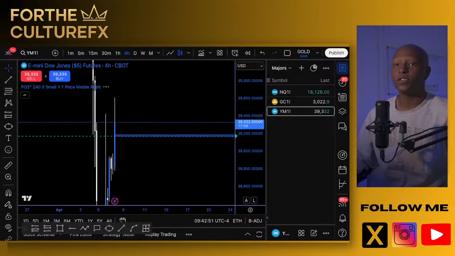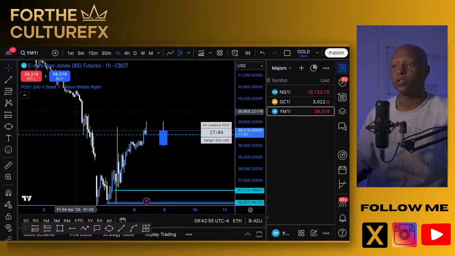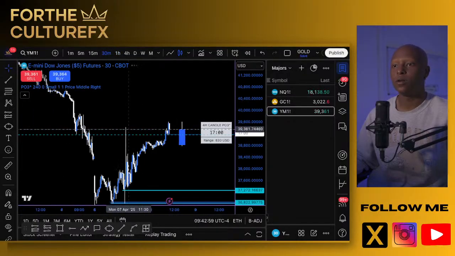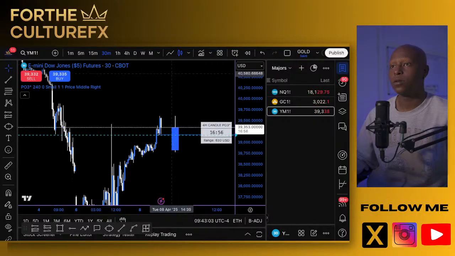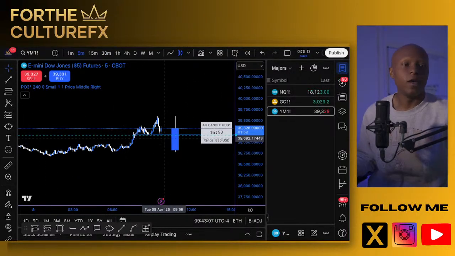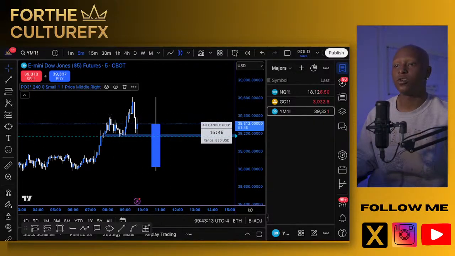So just trying to align all the time frames. We are at some type of resistance here on the smaller time frame within this area here. But as of right now on the YM for the 5 minute time frame, we are just remaining in this bullish structure.